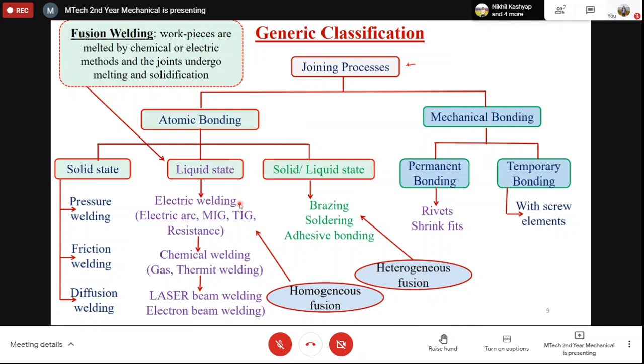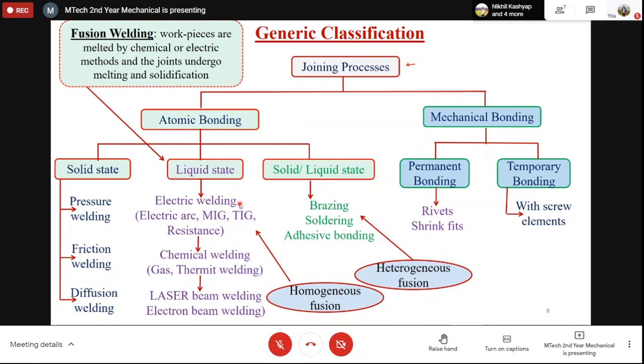Or you can use newer ways, like laser energy or electron beam energy, to melt the localized part of the metal which you want to join. So there are different ways to generate heat for welding.